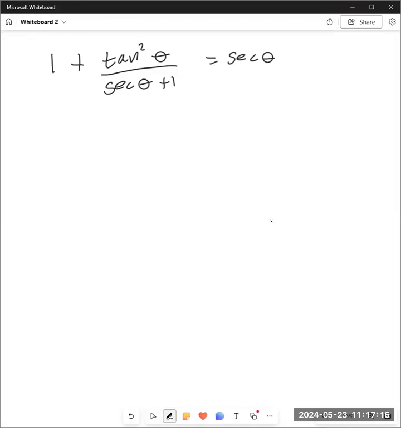We'll do it their way, and then I'll show you how I would do it and show you that there's more than one way to work this problem. So they tell you to start with the Pythagorean identity that 1 plus tangent squared equals secant squared, and to solve it for tangent squared equals secant squared theta minus 1. So let's make that substitution here.